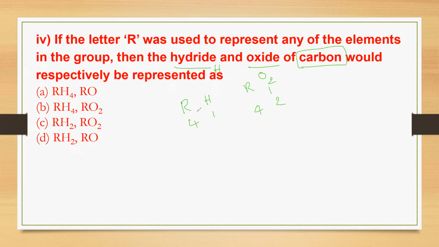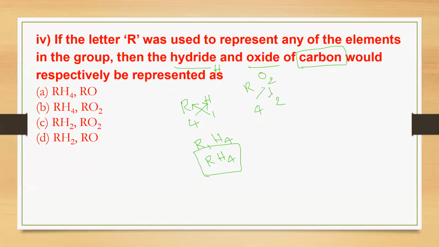What is the valence of carbon? It is 4. So if you crisscross the valences, we can write the chemical formula, isn't it? RH4; the 1 we need not represent. This is the hydride formation of carbon.